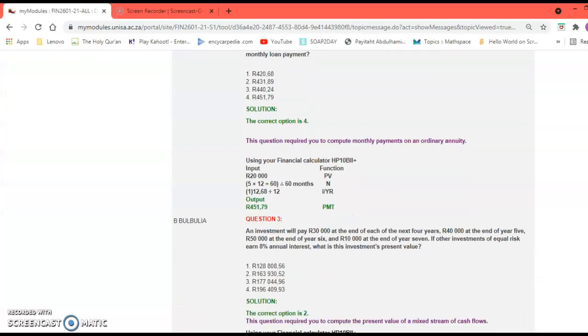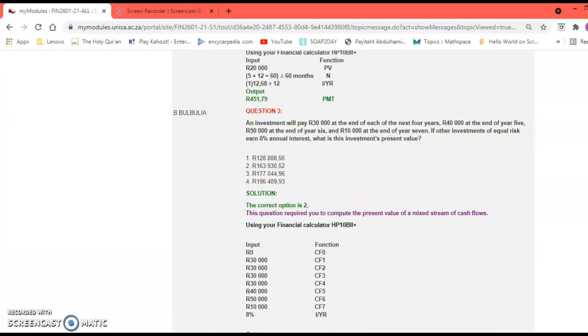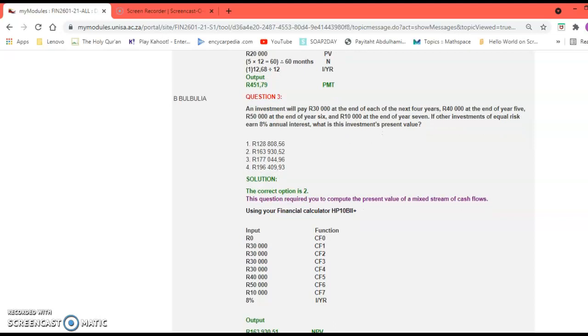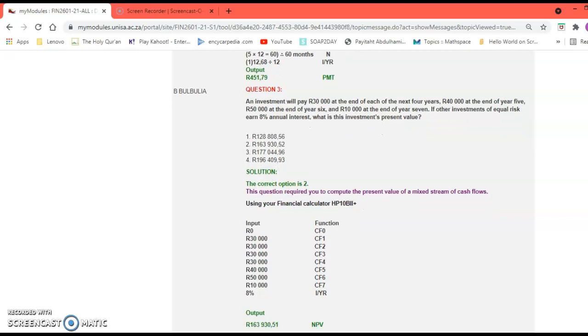Let's go to question 3. Now, this is a bit of a difficult question, so I'm going to go through this with you. An investment will pay 30,000 at the end of each of the next 4 years. So we would see CF naught would be 0, then 30,000 in year 1, year 2, year 3, and year 4.